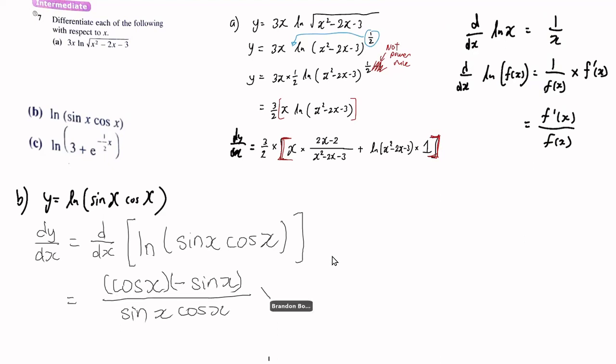Good. Yes, product rule, right? So make your fraction a bit longer. Then you continue. The numerator is the derivative of this product, so you need to use product rule.